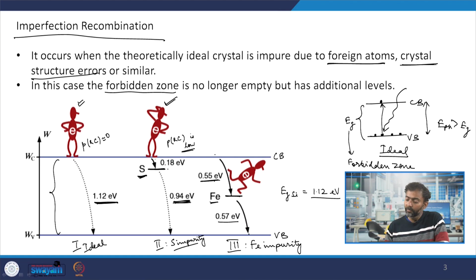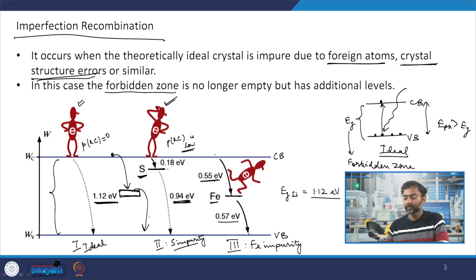Also sometimes it can be due to some crystal structure error. That's not shown in this figure, but basically crystal structure error means there is some particular error in the crystal structure, due to which there is some sort of an energy band which is created in between, midway or somewhere in between of the band gap or the forbidden zone. So that energy state which is created due to the crystal structure error also presents the same possibility, that the electron can make the transition from the conduction band to that crystal structure error band, and from that structural error band it can again go back to the valence band.